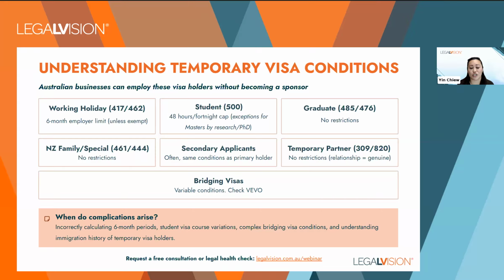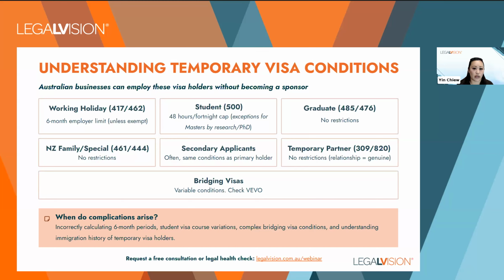The last resort is actually requesting an extension to work longer with the same employer, because the criteria is very conditional and it's very specific as well. The same goes with student visa employees, whether they're the primary or the secondary applicant.